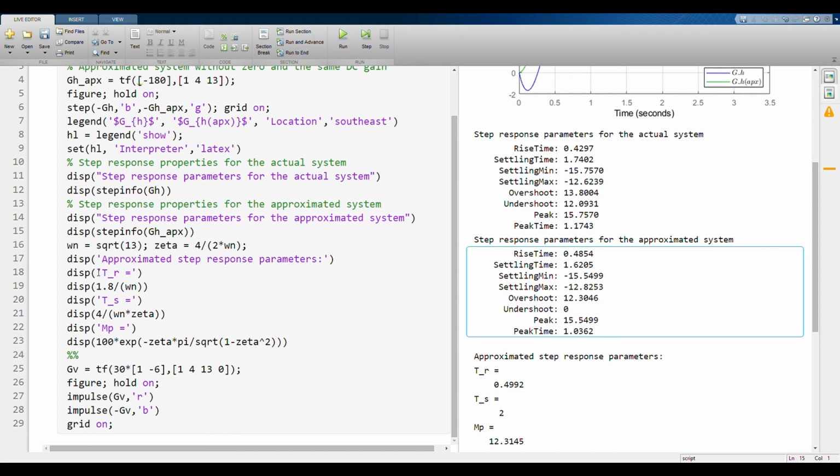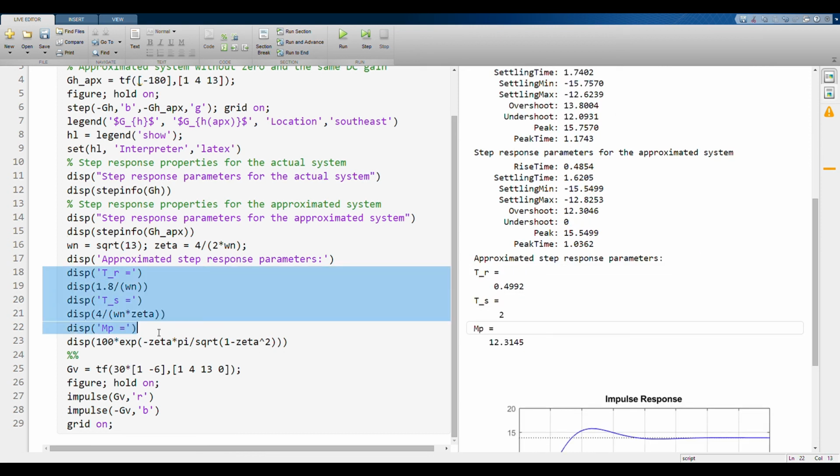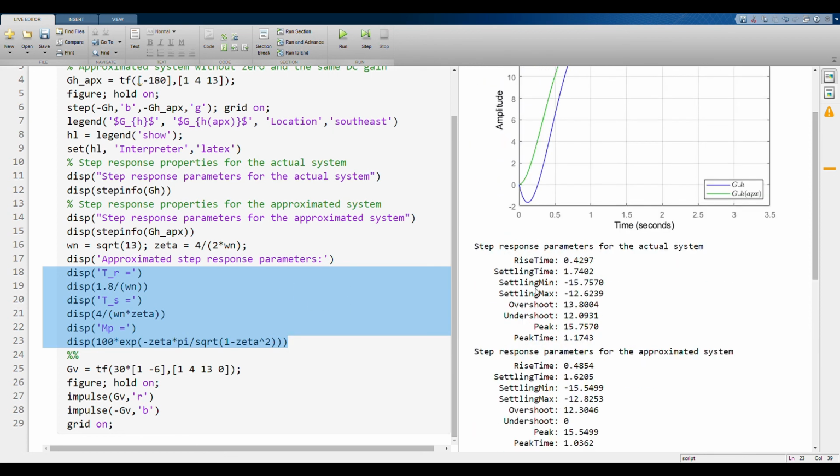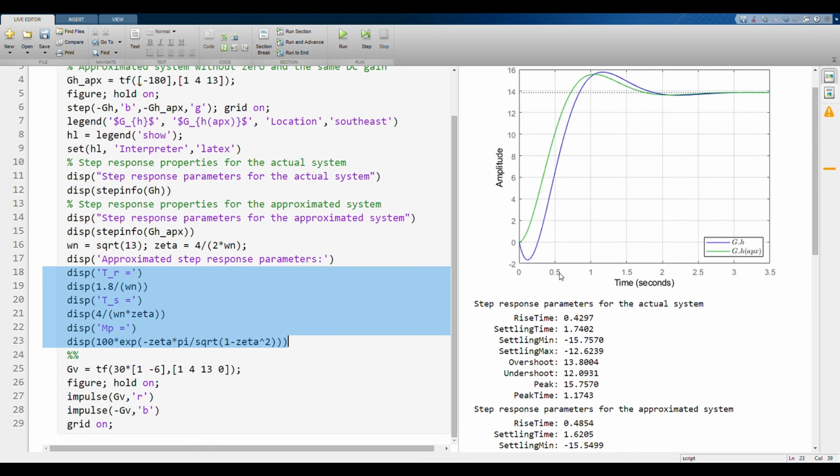So keep in mind that these are always approximations that we may get for the step response parameters, but with the step info we get the actual values indeed. So these are what we get for the step response of GH and its approximated system.